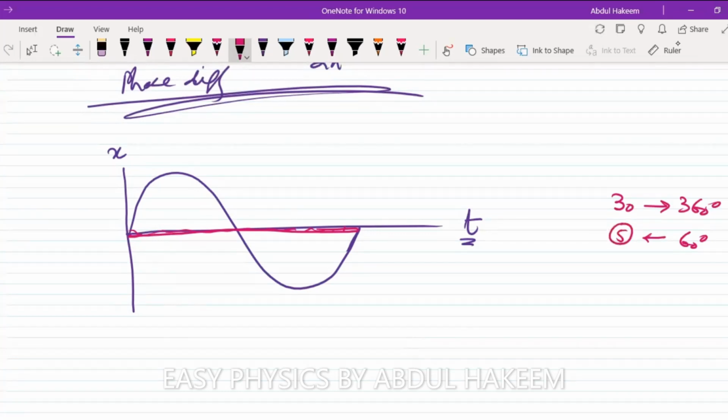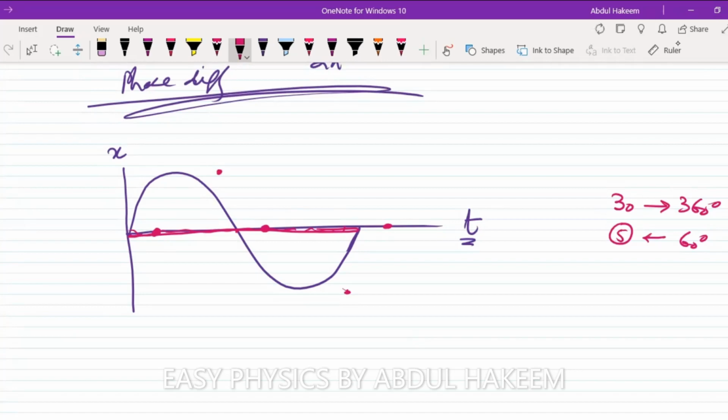So we will start the new wave 5 boxes ahead. Its starting point will be 5 boxes ahead, the end will be 5 boxes ahead, and the peak will be 5 boxes ahead. But double the intensity.